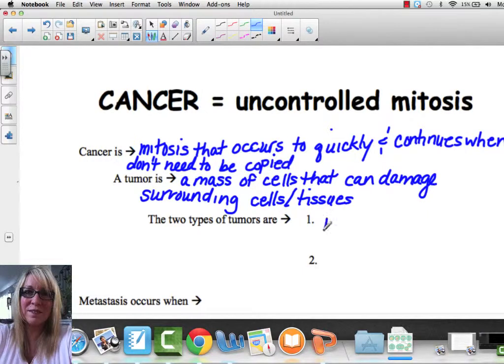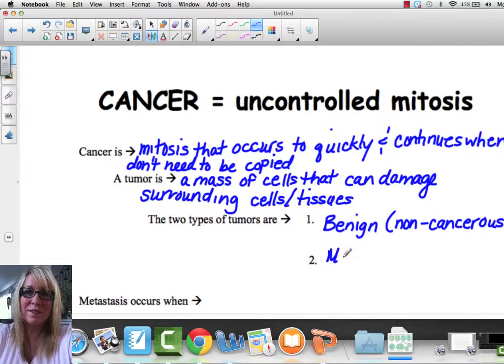So the first one is called a benign tumor, and this is non-cancerous. So it may be a growth, but the growth may not harm you. Now if it impedes on other tissues, it still may have to be surgically removed.